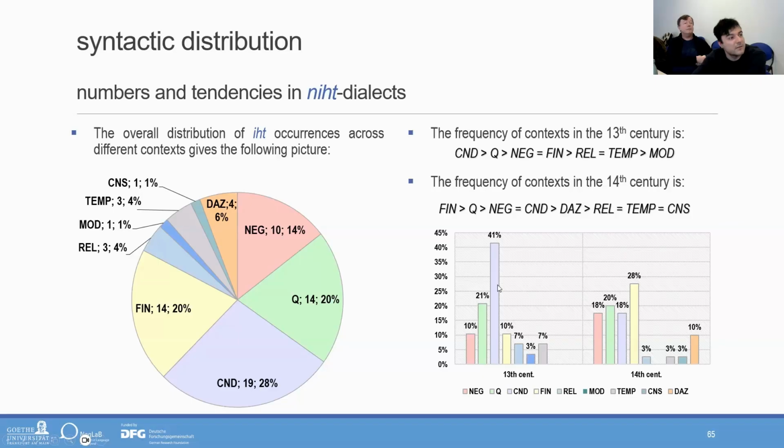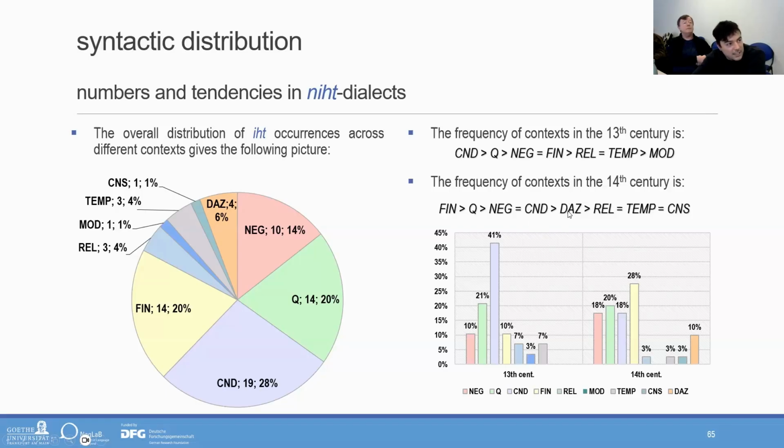And here, if you look at the development, we can see that it has also changed. In the 13th century, mostly we have conditional clauses, but in the 14th century, we have mostly final clauses. So it has changed. And then we can see that there are two contexts that have emerged in the 14th century.